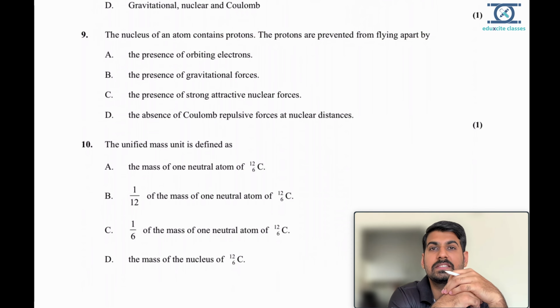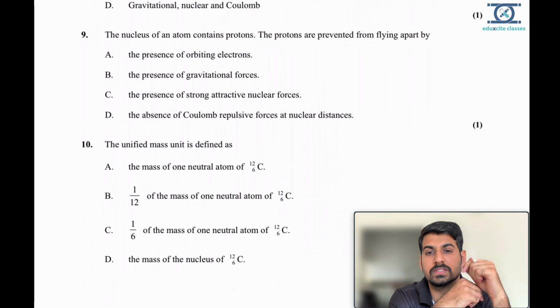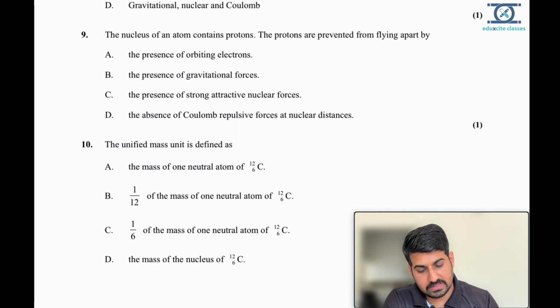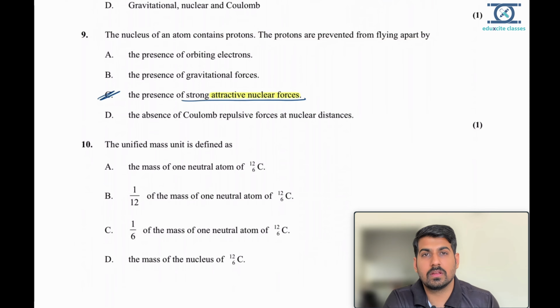So the answer lies in the strong nuclear force, which dominates over the Coulomb repulsive force. Okay, so that is the answer. So you can say the protons are prevented from flying apart because of the presence of strong attractive nuclear forces. So nuclear forces are always attractive in nature. Okay, so make a note of this.